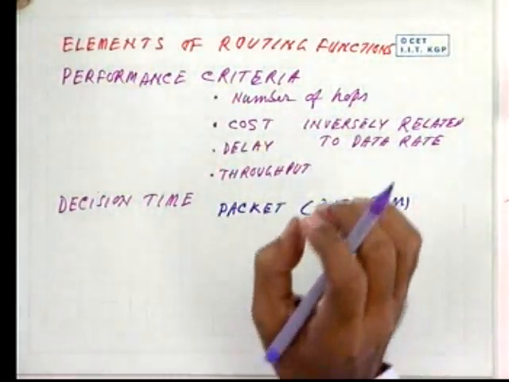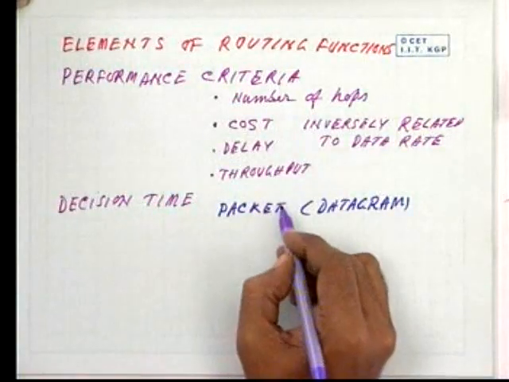That means each packet is independently routed. The routing decision is taken independently for each of the packets. So packet is the decision time. When a packet comes, a decision is taken on which route it has to be routed.